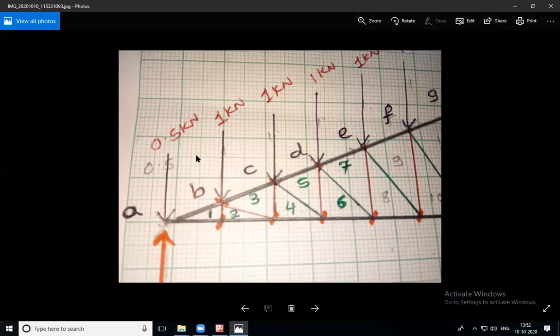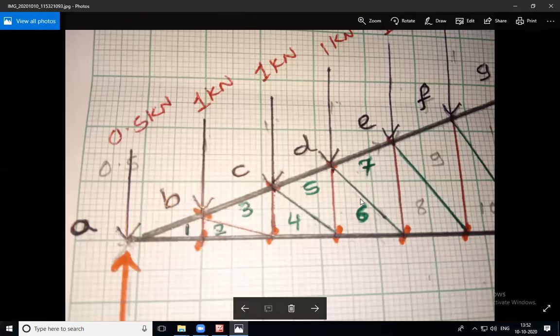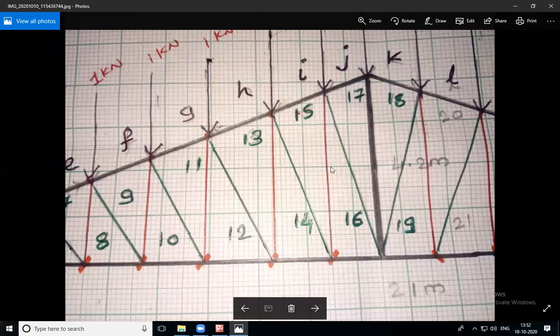Okay, and after giving these numbers, 6, 7, 8, 9, 10, 11, the whole figure will look like this. After 8, then 9, then 10, 11, 12, 13, 14, 15, 16, 17, and then the rest of the process. Now after 17, see here, after 17 there is a vertical member, and then 18, after 18 an inclined member, and 19.